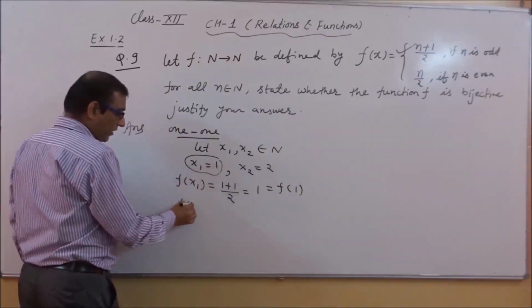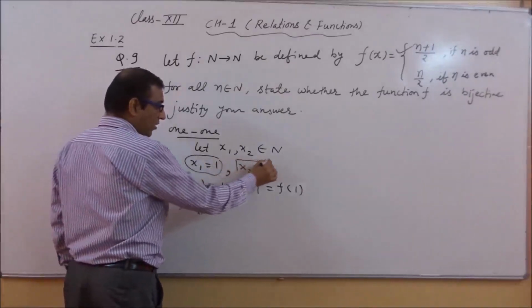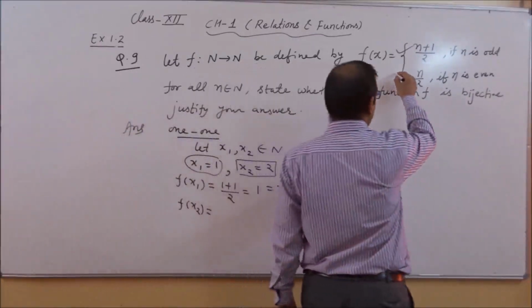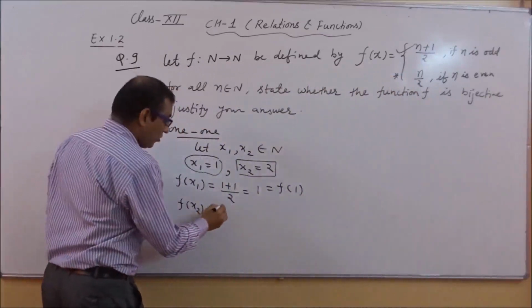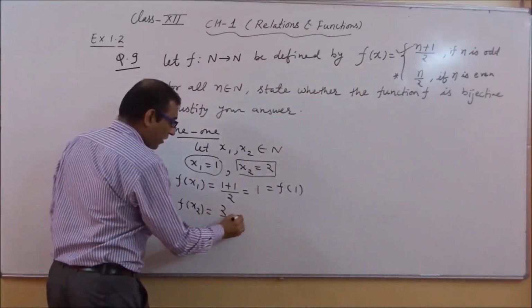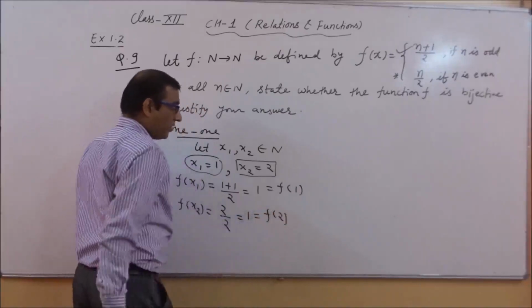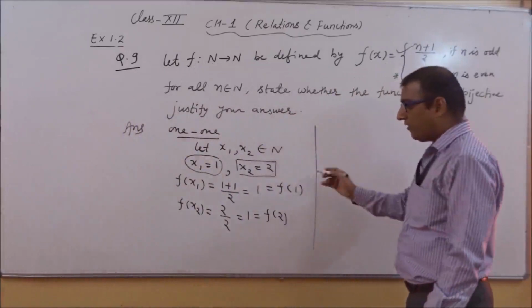Now we continue with f(x2), and x2 is 2. 2 is even, so we continue with the second function. It becomes 2 upon 2, which is also equal to 1, and it can also be written as f(2).